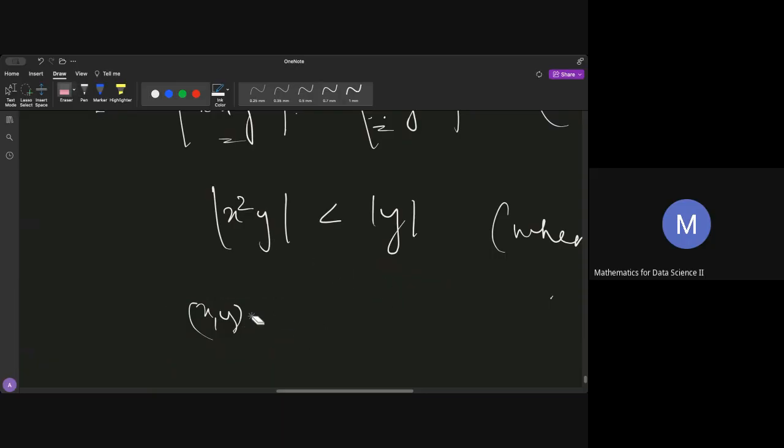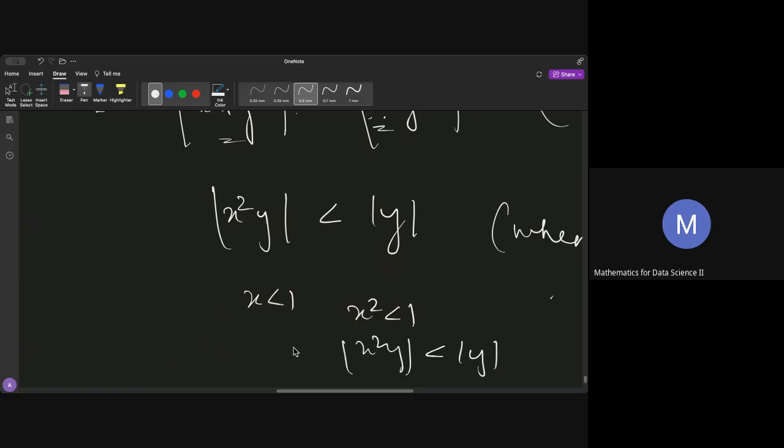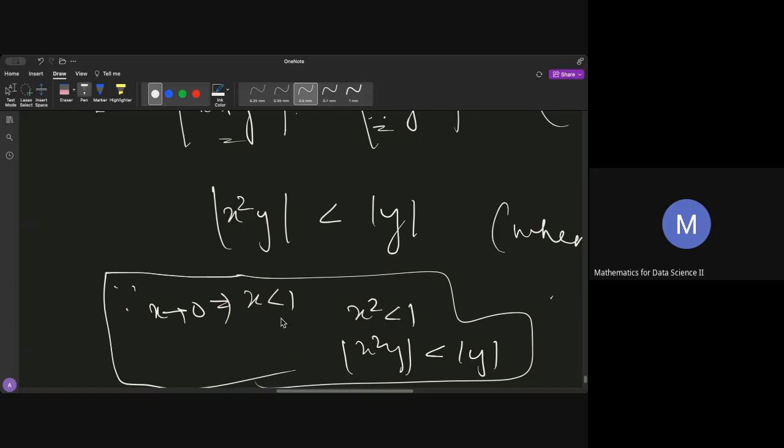If x is less than 1, because that's what I'm interested in, then x squared is also less than 1. So x squared times mod y is also less than mod y, because x is converging to 0. This implies x is less than 1 eventually.